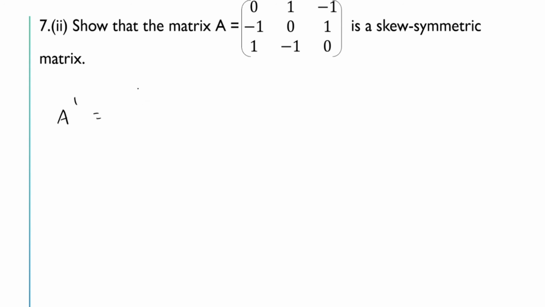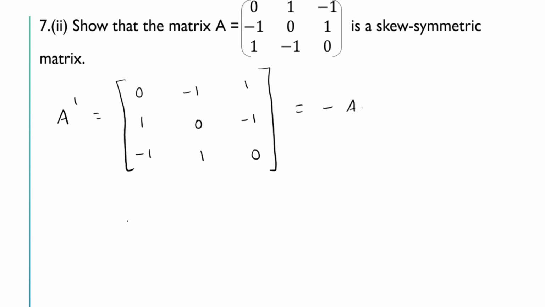A transpose, the first row becomes the first column. 0, 1, minus 1, minus 1, 0, 1, 1, minus 1, 0. This is nothing but this is equal to minus A. So since A transpose is equal to minus A, A is a skew symmetric matrix.